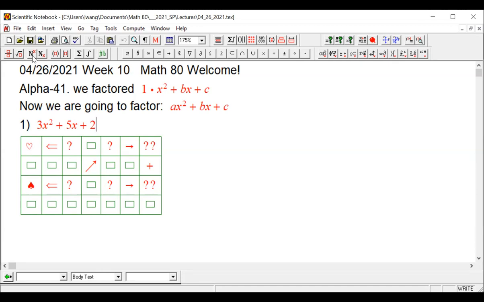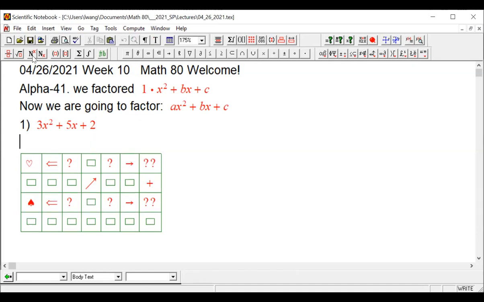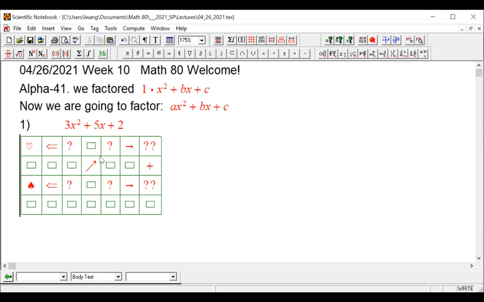And this time, it's not quite the same as the kind we did before. The kind we had before, we don't have to worry about the number in front of x squared because it's always 1. Now it's no longer 1. So what are we going to do?